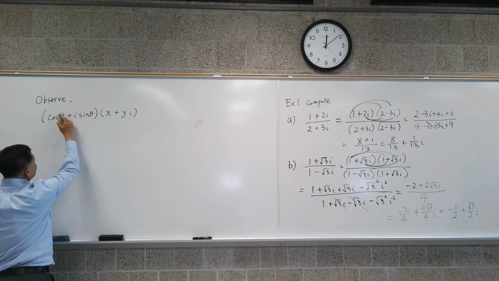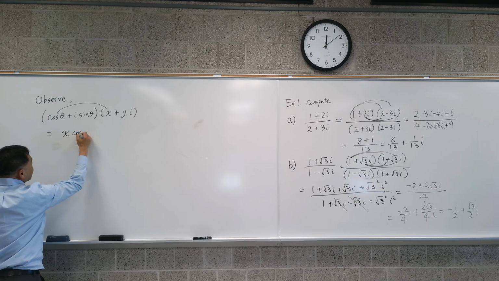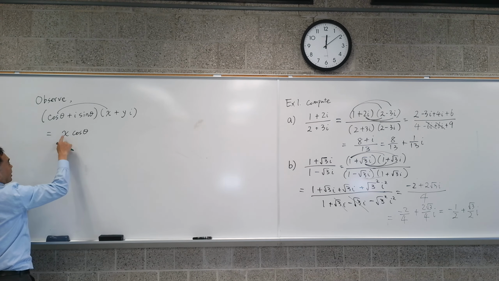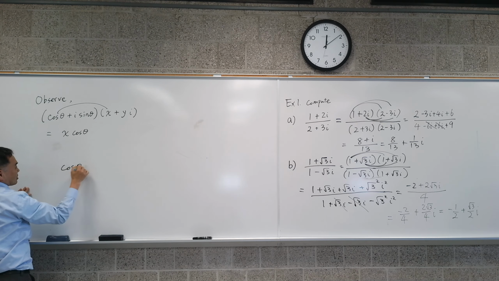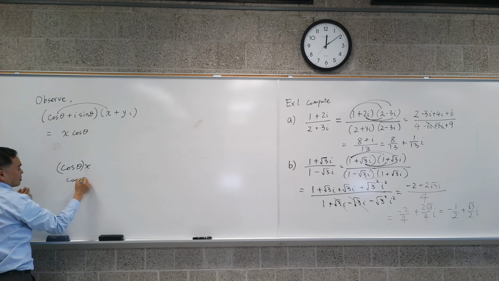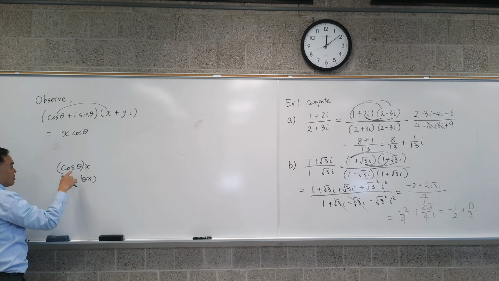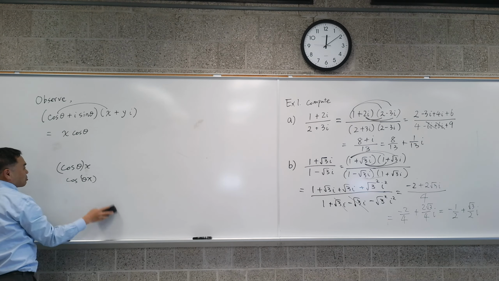Okay, let's do this. You get x times cosine theta. Usually you want to write down x cosine theta rather than cosine theta times x, because if you write down cosine theta x, you're not really sure if it's like this or this. They have totally different meanings, right? So it's really this one you want to write, but then you need a parenthesis, so it's not a good way to write.